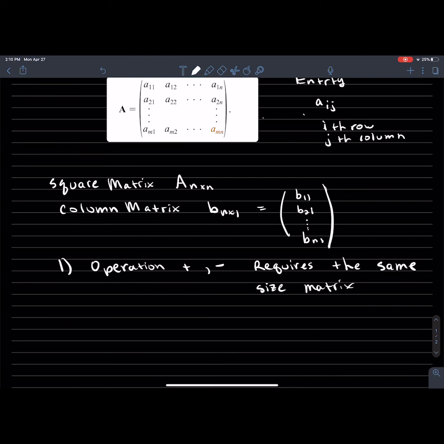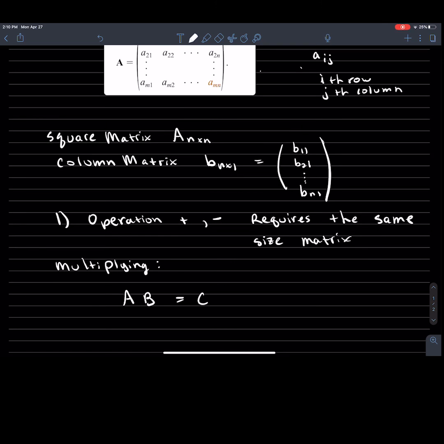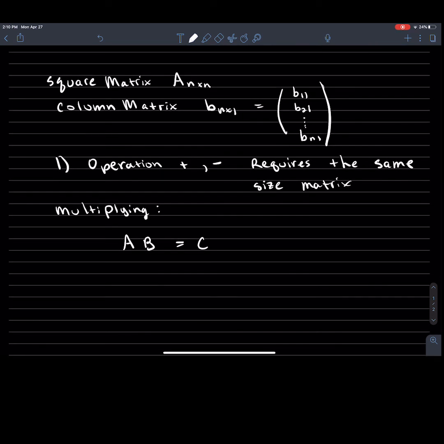So multiplying, if I have a matrix A times a matrix B, I'm going to get a different matrix C. Let's talk about when can we multiply. Which matrices can we multiply? If I have an m by n for A, and I have an n by p, little p, matrix for B, the inner dimensions must be the same.